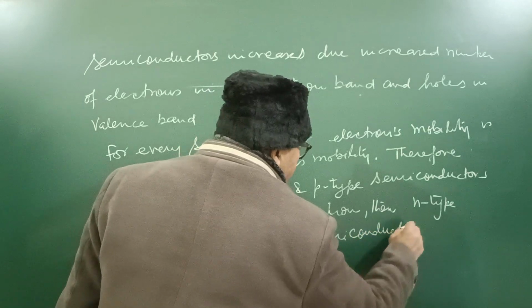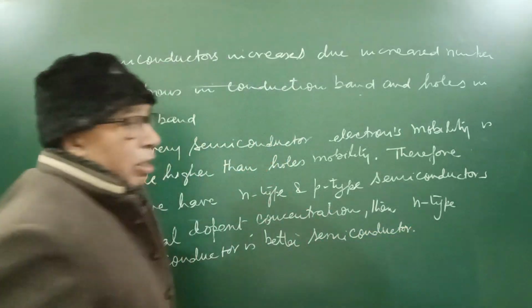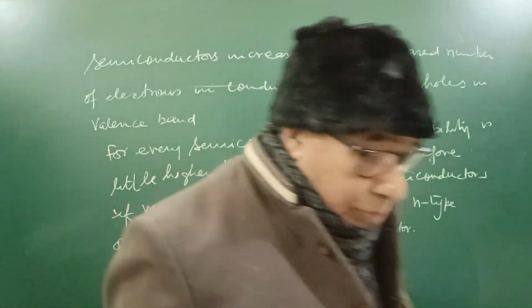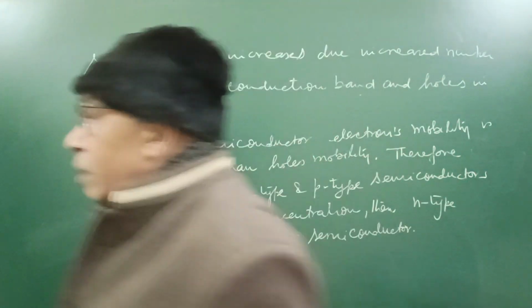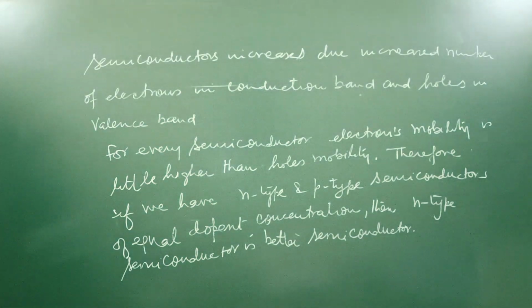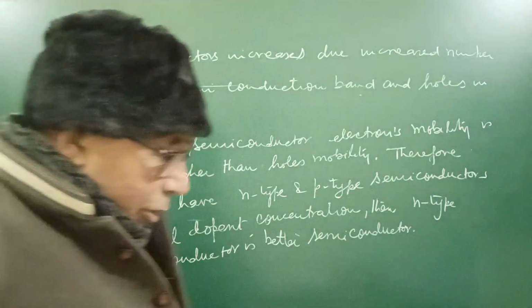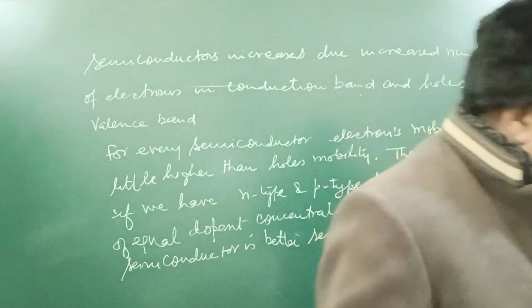This question has been asked in board exam class 12. If we have two pieces of semiconductor having equal dopant concentration, one n-type, other p-type, which is the better conductor?